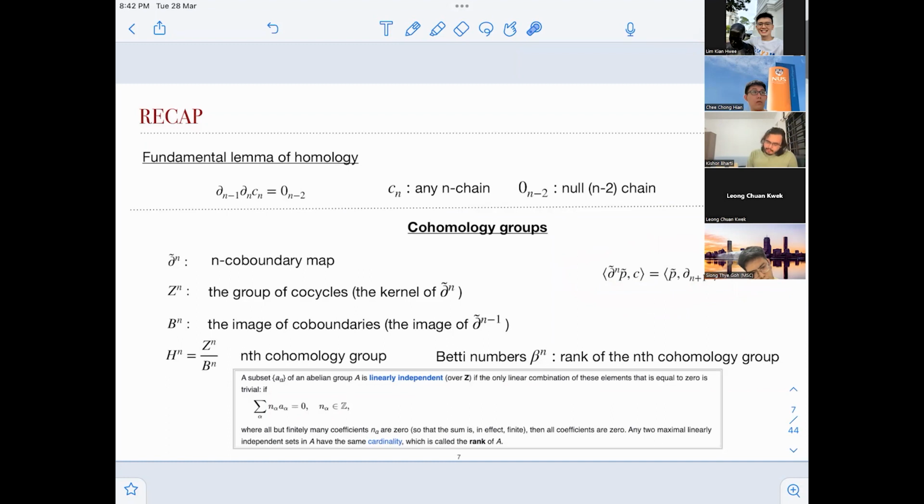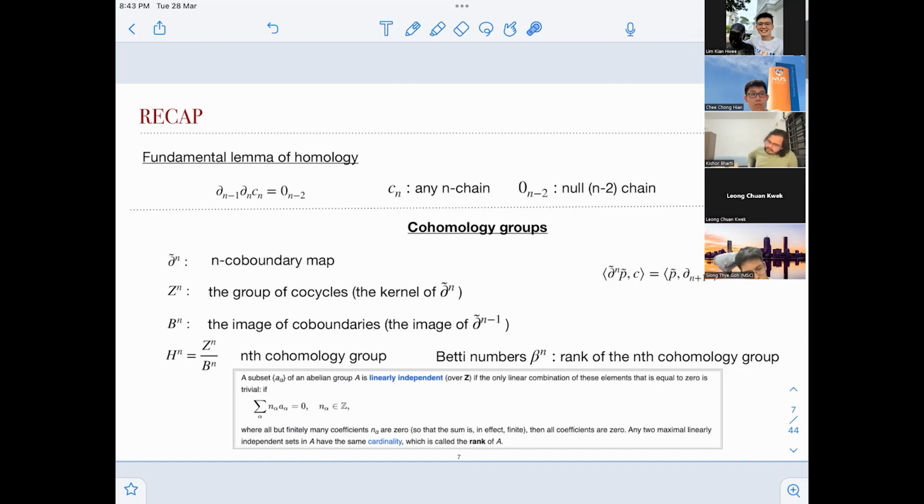Today we will be using this fundamental lemma of homology and this defining equation for the co-boundary map. You can think of it as the dual object corresponding to the boundary. Delta n tilde is the n co-boundary map.